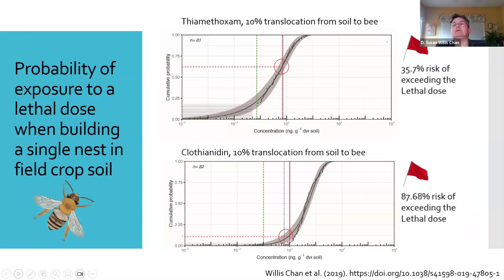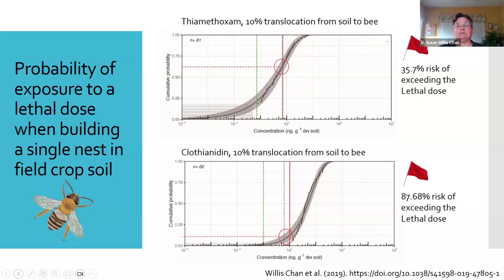Then I went on to say, okay, because I'm worried about soil, what is the actual probability that a squash bee will encounter a lethal dose of neonicotinoids while she is building one single nest in field crop soil?